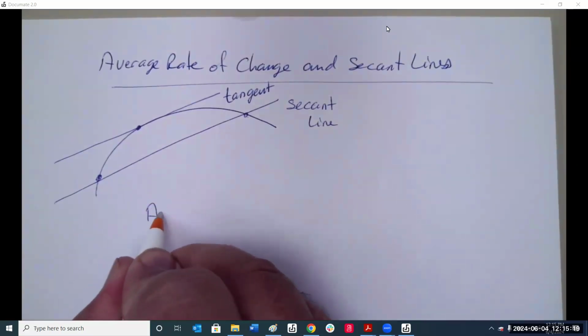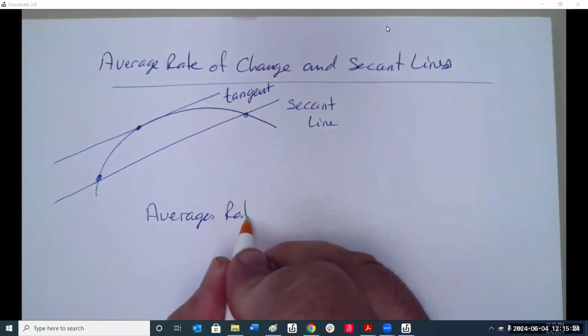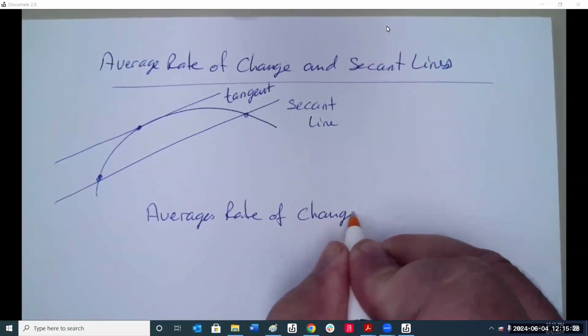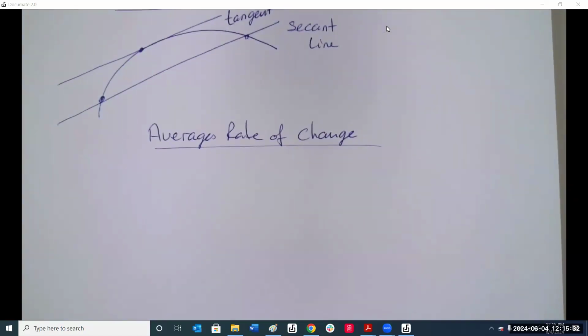So the average rate of change, by definition, I think I put that, can I give you that sheet?